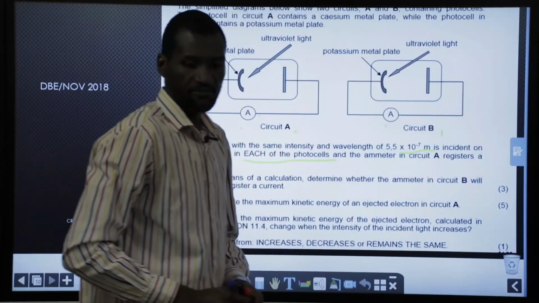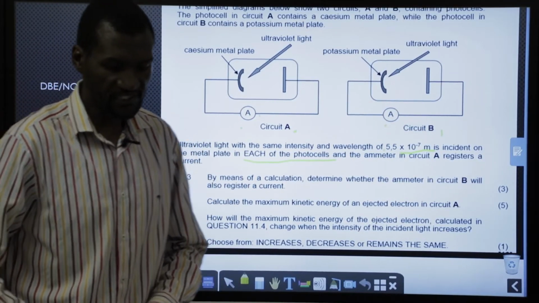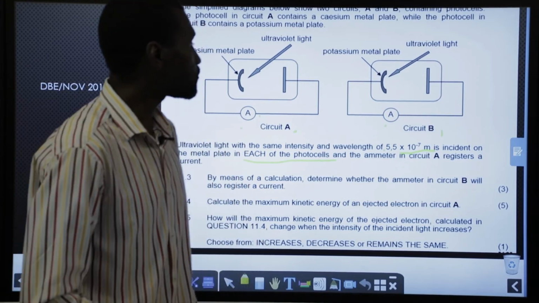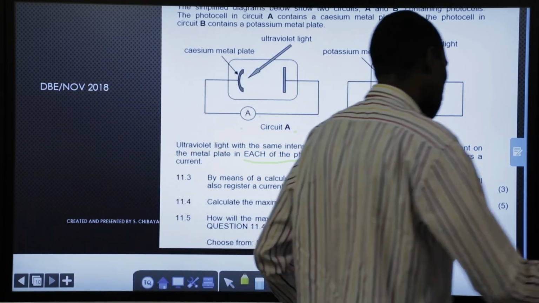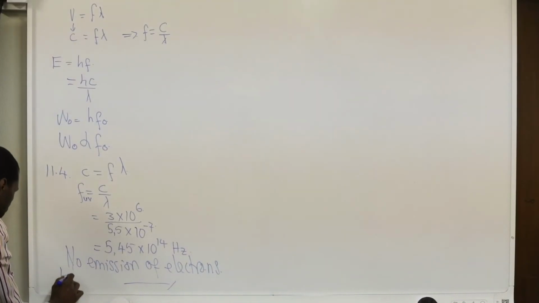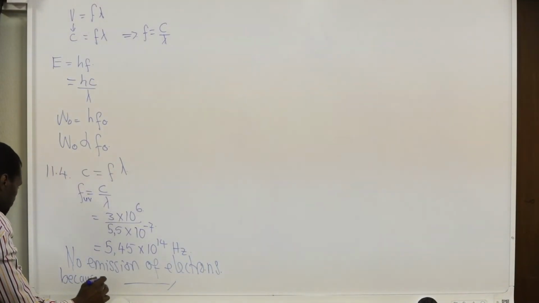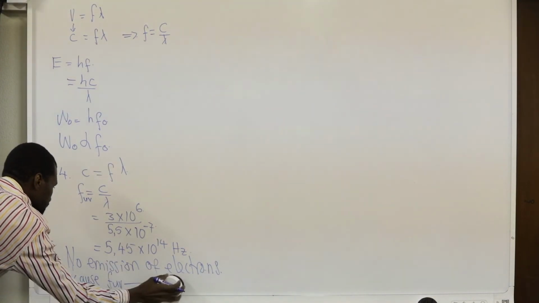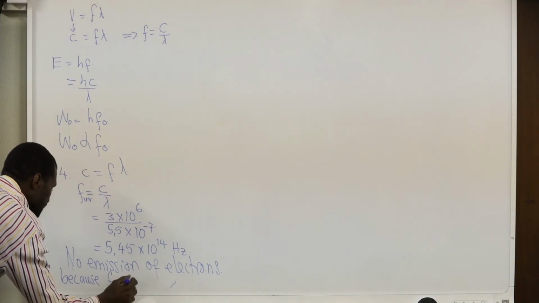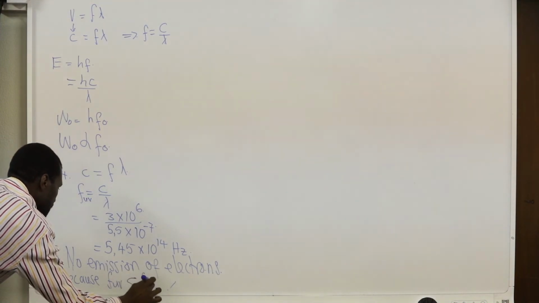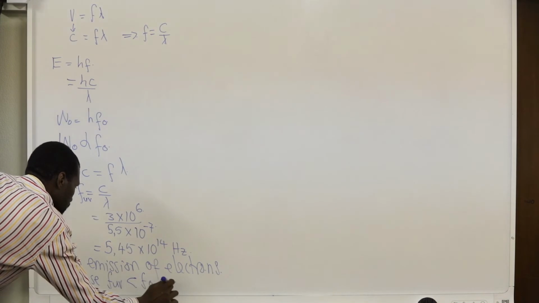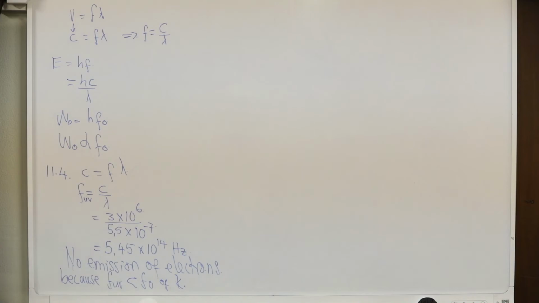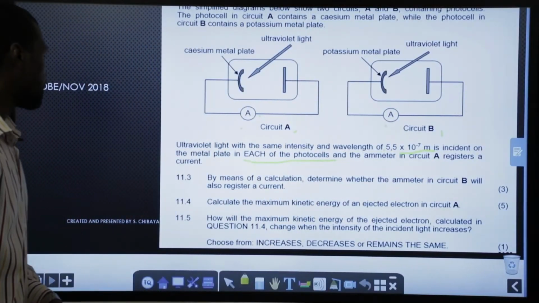In other words, we can put there no emission because f of UV is less than F0 of potassium. So that answers the question here for 1.13.